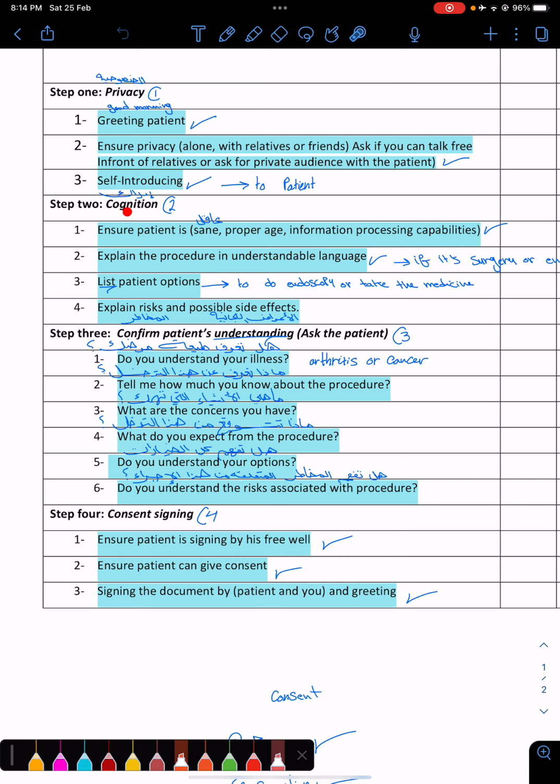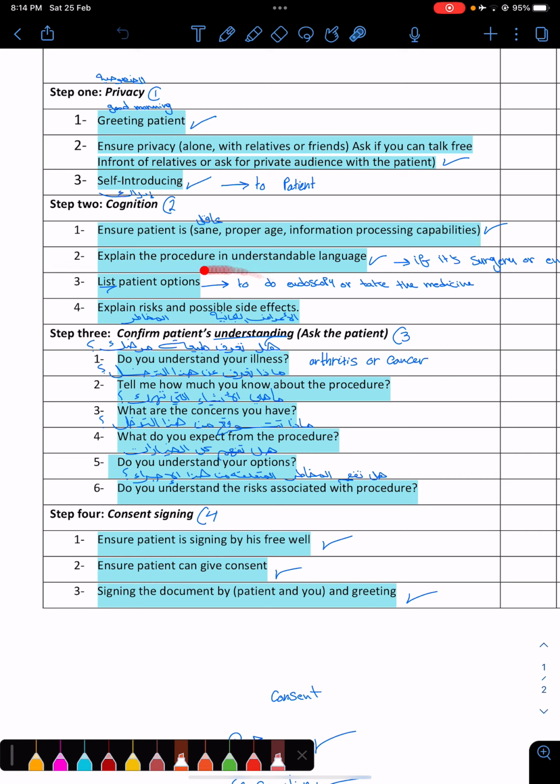So this is the cognition. Ensure the status of the patient, explain the procedure in understandable language so that the patient can process all of this information and know exactly what it is. Then list the patient options, whether there is a certain procedure that could be done instead.